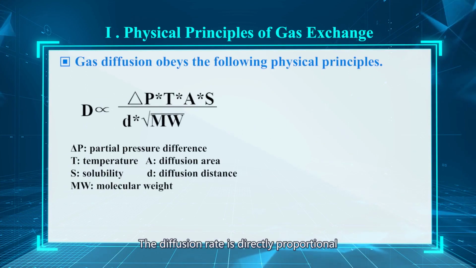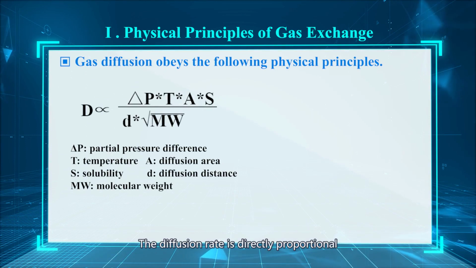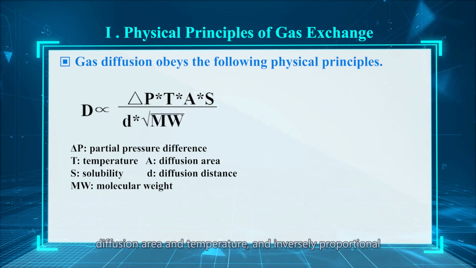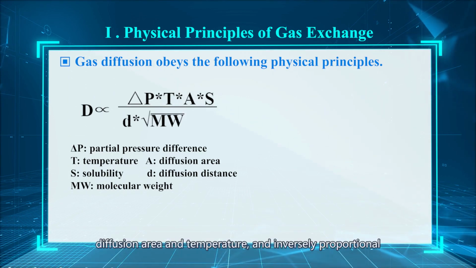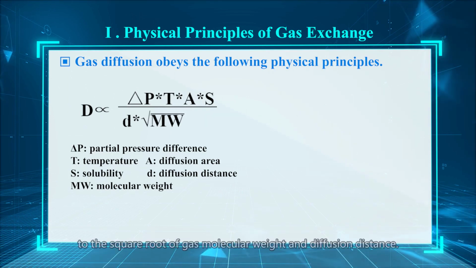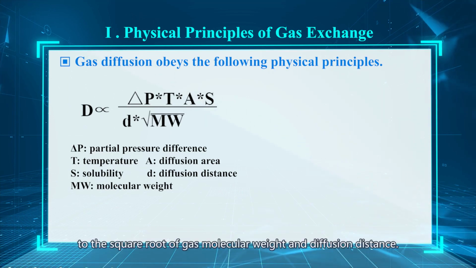The diffusion rate is directly proportional to the partial pressure difference, solubility, diffusion area, and temperature, and inversely proportional to the square root of gas molecular weight and the diffusion distance.